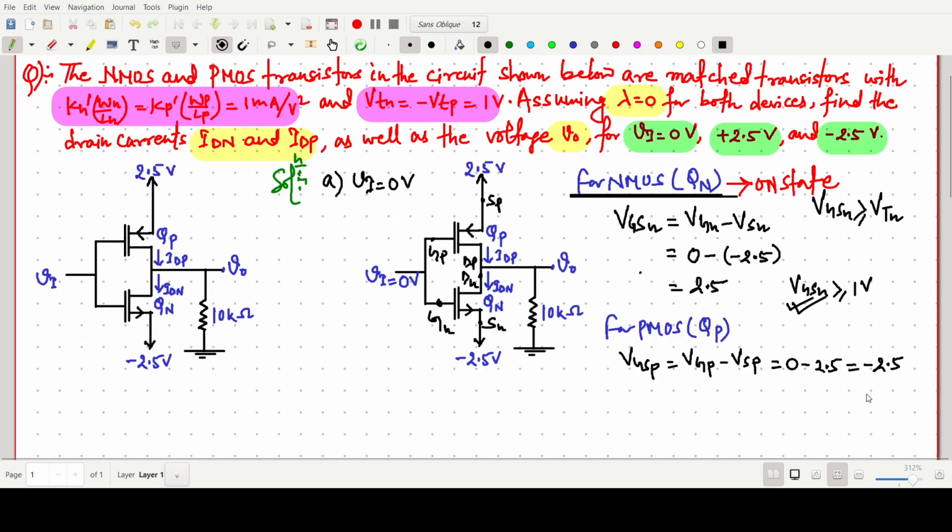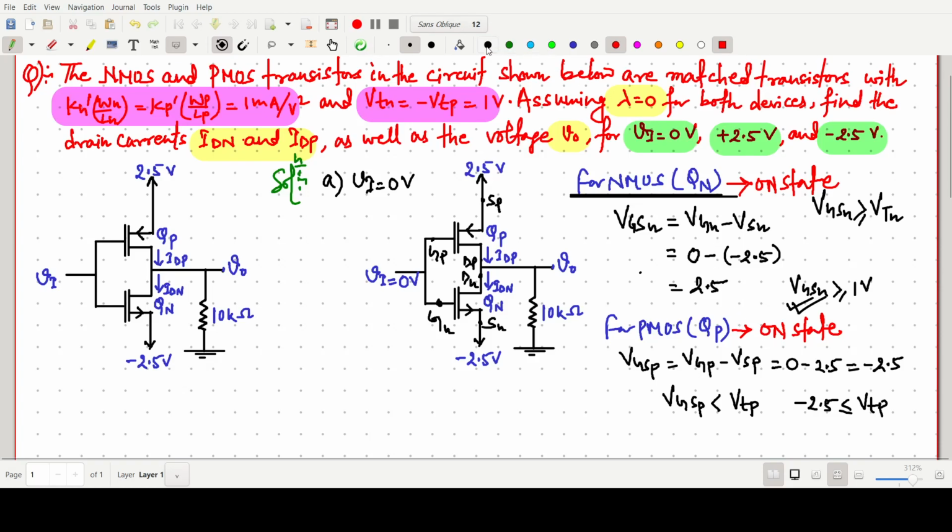Now we can conclude that VGSP will be less than VTP. Clear? Because this one is minus 2.5 volt, it will be less than VTP. This is the condition. So the PMOS is also in the on state.